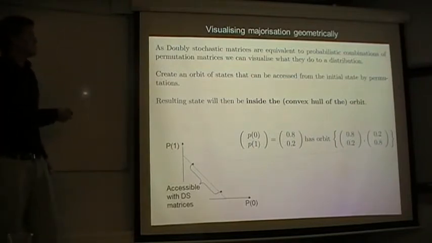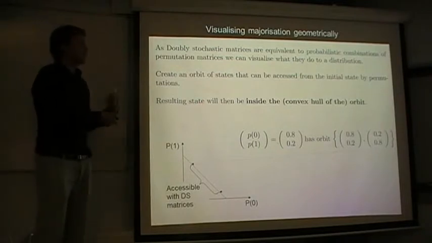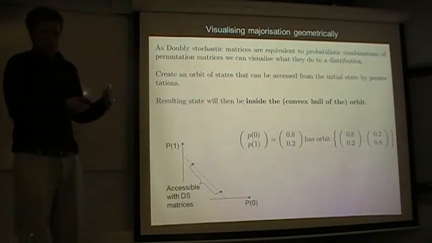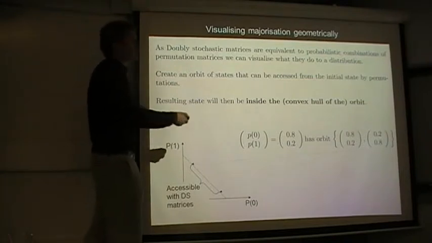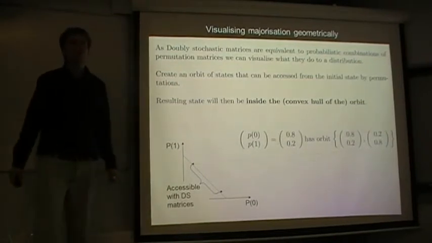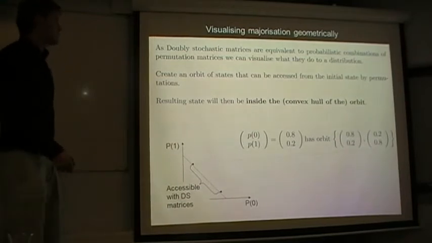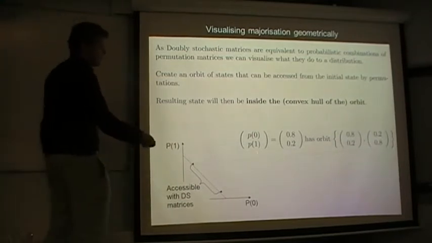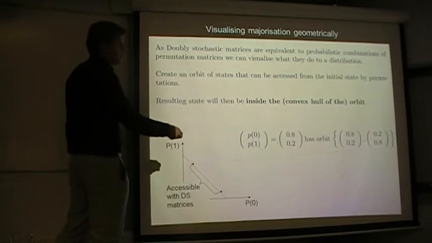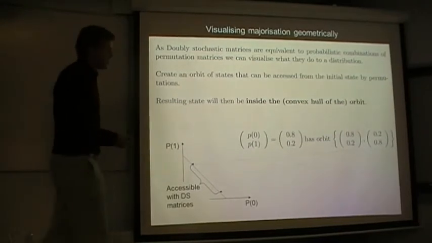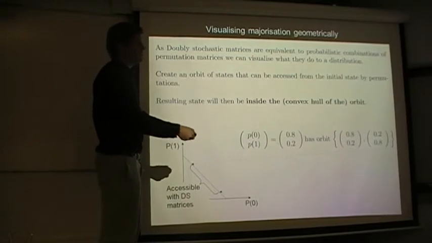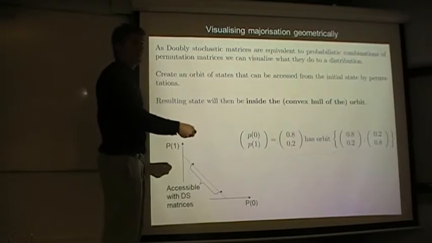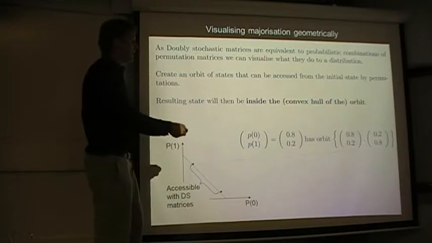And the resulting state, when you take a probabilistic combination of permutations, must be inside the orbit, so inside the convex hull of the orbit. Let's do a very simple example. If we have P of 0, P of 1 is 0.8, 0.2, okay? Then with these two permutation matrices applied, I can either do the identity or I can do the flip. Okay, 0.2, 0.8.